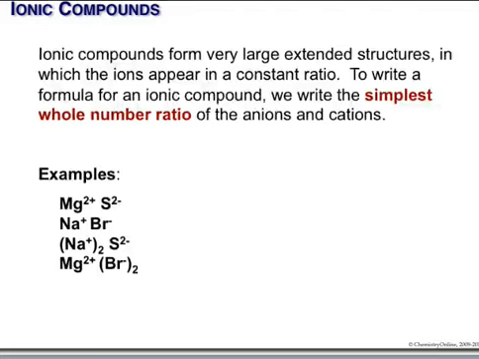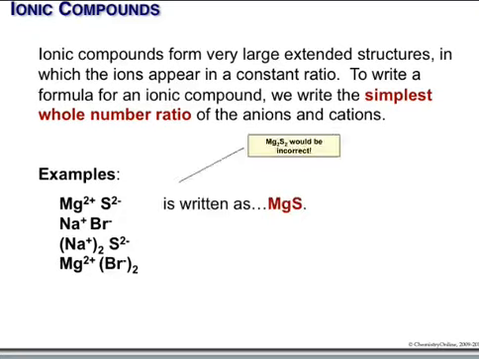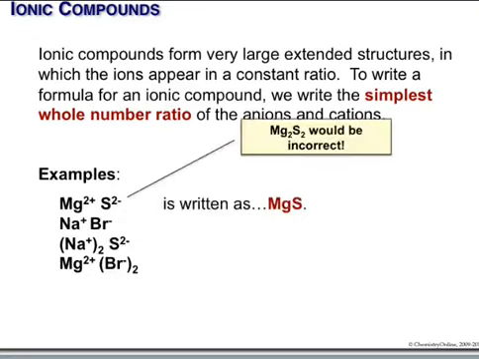There are compounds that clearly exist as, say, 2 and 2, but the default is always going to be the simplest whole number ratio. So if we had a compound with magnesium and sulfur, we would simply write it as MgS. If we put Mg2S2, that's wrong. You want to go to the lowest whole number ratio.